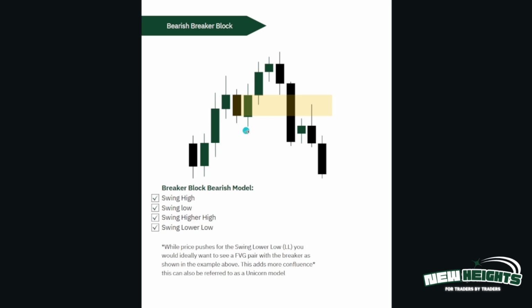From this low to your higher high, this is basically just your manipulation leg, and then also your order block. And then here, your lower low is going to be your confirmation, which forms your CISD and market structure shift, where then you can look for a retracement back up into this range. And again, your breaker range is going to be from your swing high to your swing low, which in this case is going to be this middle candle here.